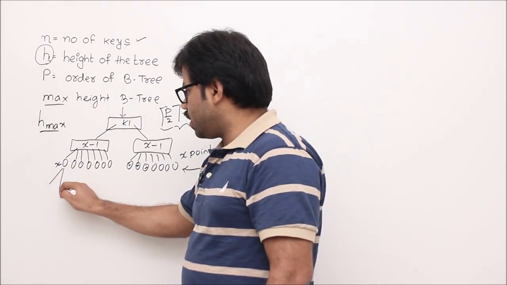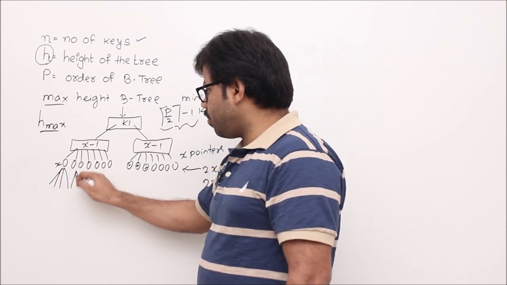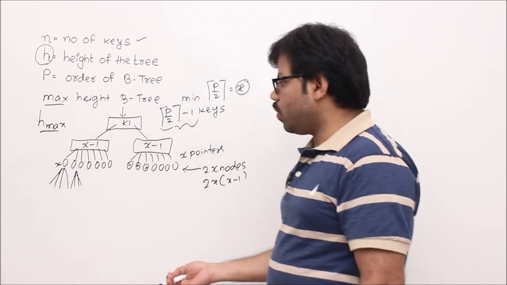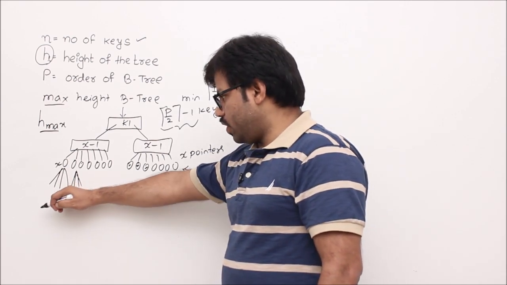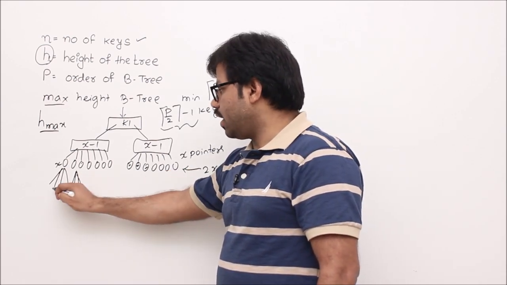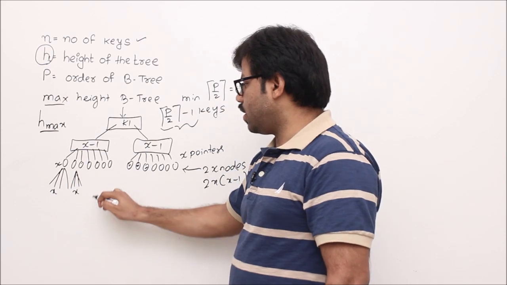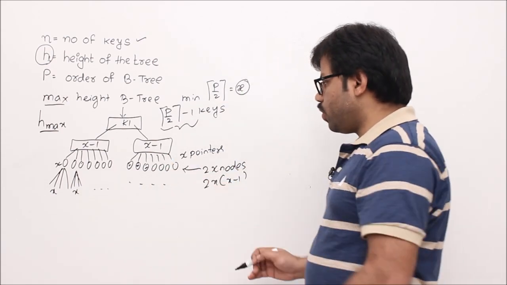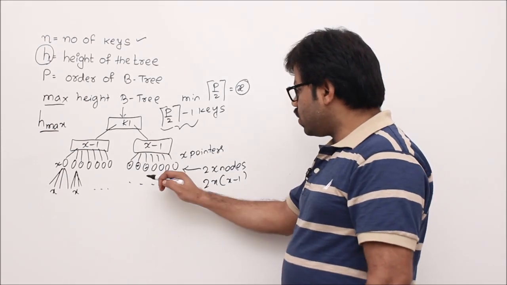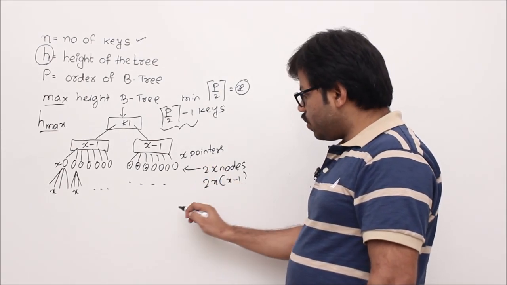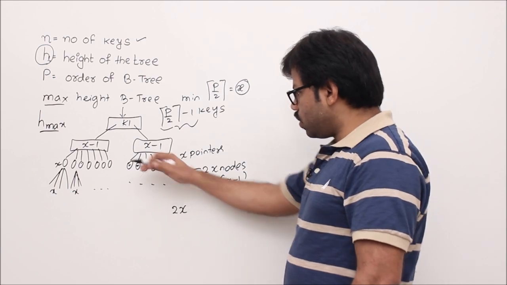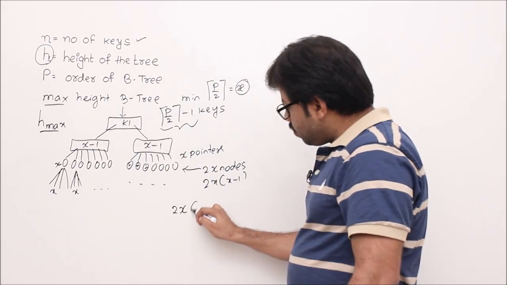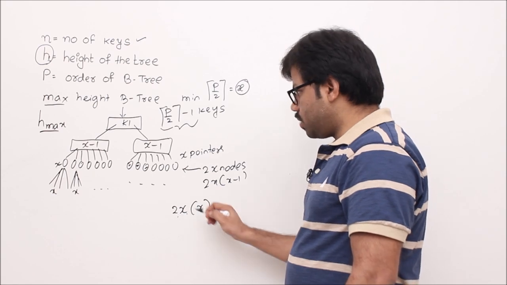Now let's extend it. If you extend it, next time what happens? Every such node again produces minimum pointers. Minimum pointers are x, correct? So x here, x everywhere. Then how many such pointers will be produced? Very simple. How many nodes do we have? 2x. Each of these 2x nodes will produce x pointers, so 2x into x pointers.